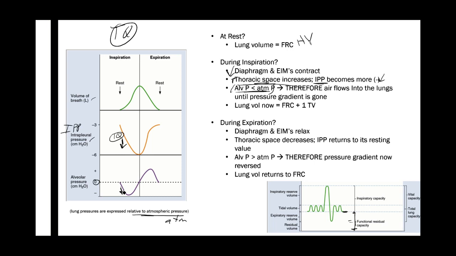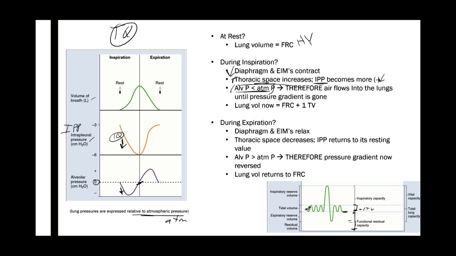Remember, it's high to low, and it's all relative in this case. So air wants to flow from high to low until it gets back toward atmospheric pressure. At this point, the lung volume would be the FRC plus 1 tidal volume. Remember, this is inspiration going up.